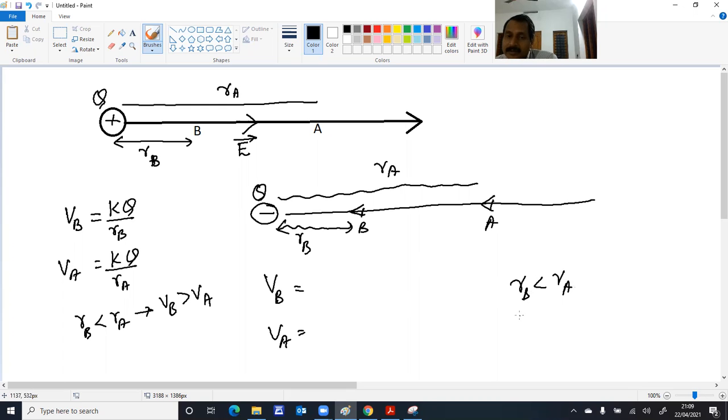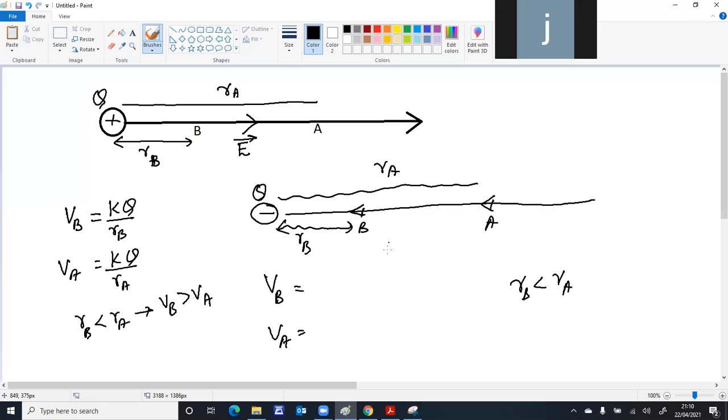Are you changing the answer? Yes, sir, A, because you have to push it away. I want a final confirmation: which potential is higher? A. You told me B first. Yes, I said B first.